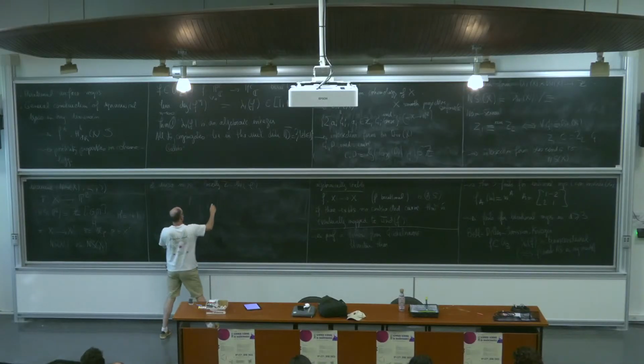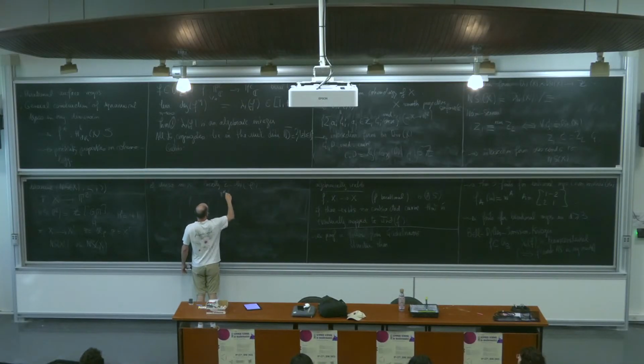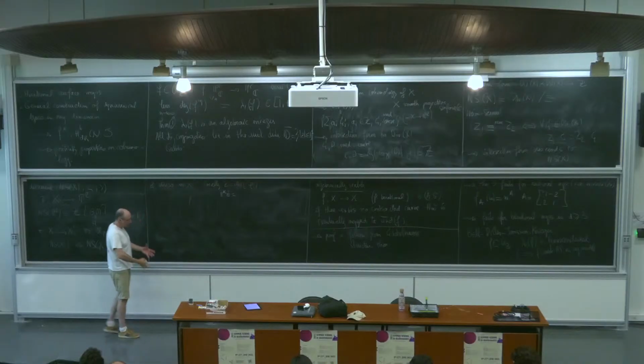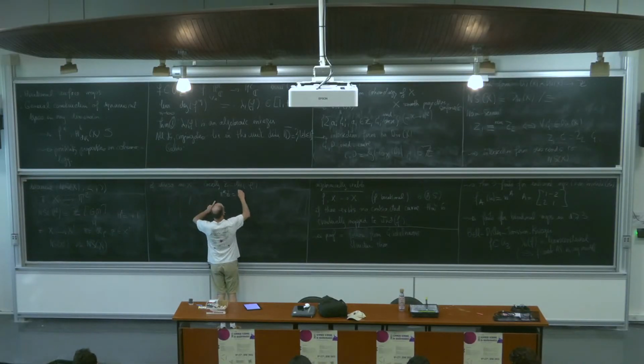You can define the pullback of Z, at least locally, as the divisor of the pullback of phi, which is the composition of phi with pi.